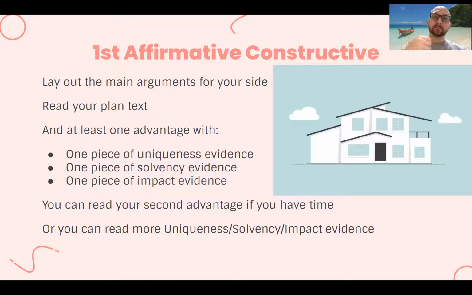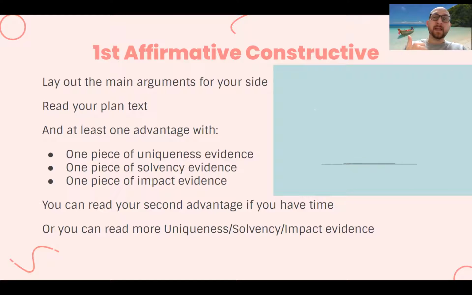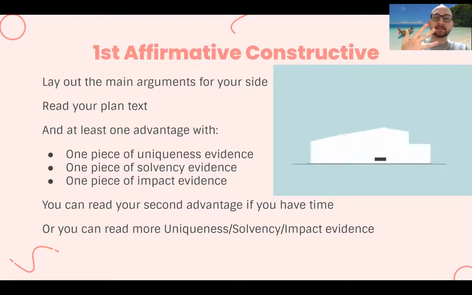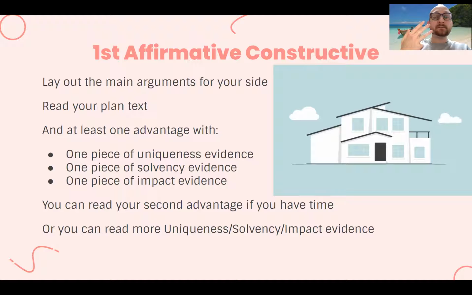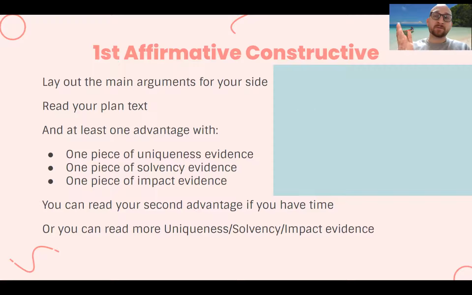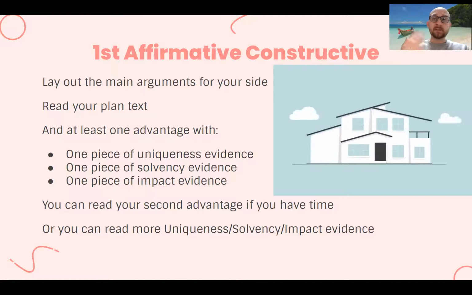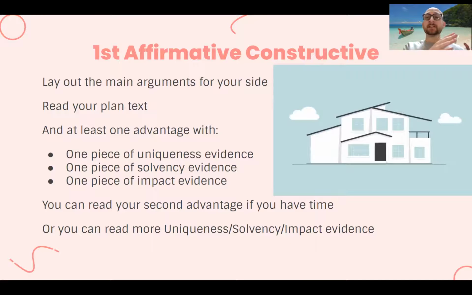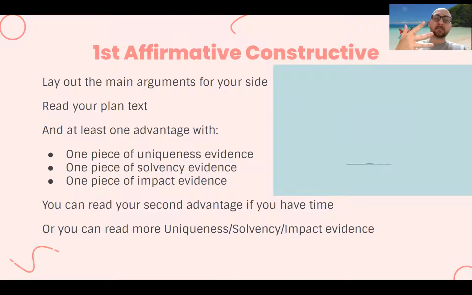To do that, they have to read a plan text and at least one advantage, and that advantage has to have a piece of uniqueness, solvency, and impact evidence. You can have more than one of each of those types of evidence if you want. Like you could read all 3 impact cards if you have time. Or you could read a second advantage as long as it has uniqueness, solvency, and impact. It's up to you. But at minimum, you have to have plan text, uniqueness, solvency, and impact.